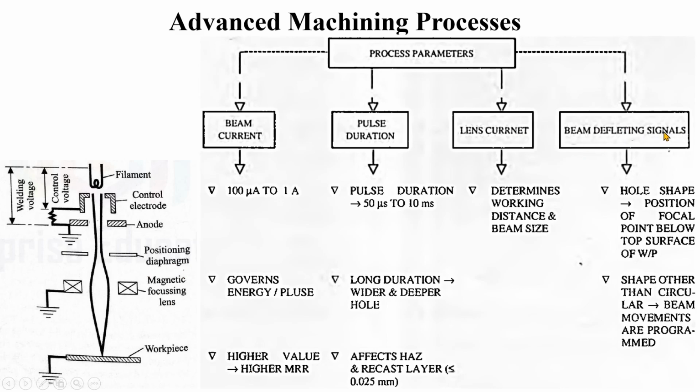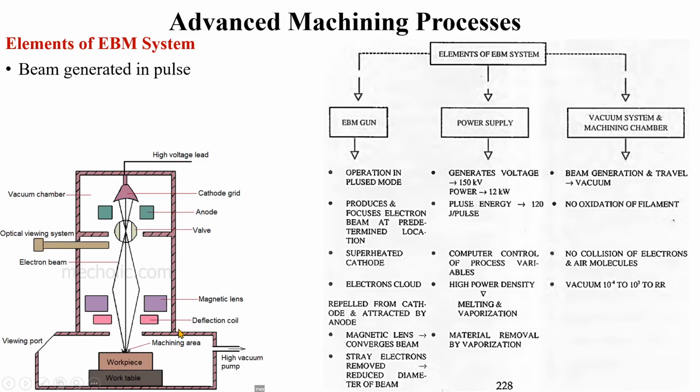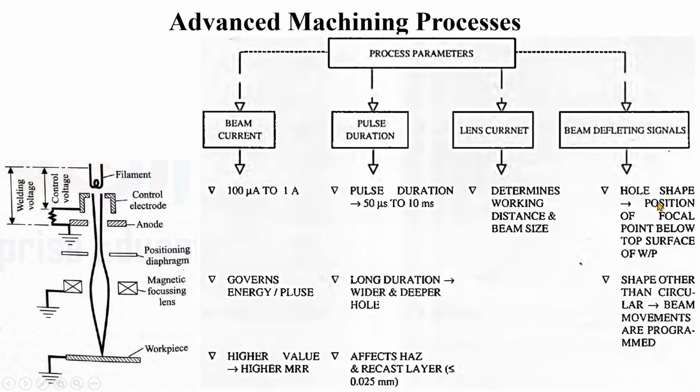And finally, the beam deflecting signals. Here the beam deflecting signal is the signal which is given to the deflection coil. It determines the hole shape. If we want to machine a circular, straight hole, then the focal point will be on the top surface. You can see the focusing point of this beam is on the top surface.